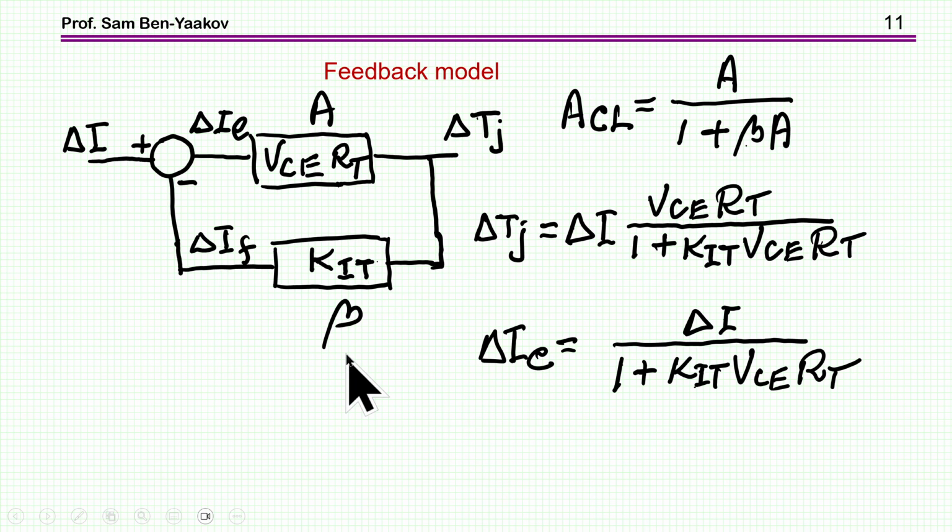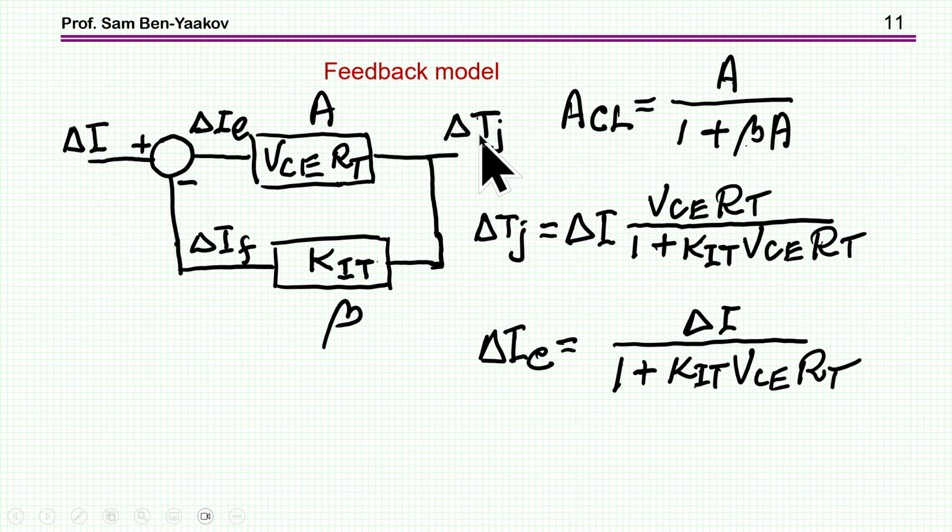I think that the best way to understand what is really going on here is to look at this system as a feedback system. We have a deviation of a current. This deviation times the voltage across the transistor, or just the IGBT, causes some power dissipation, which times the thermal resistance causes a change in the temperature.